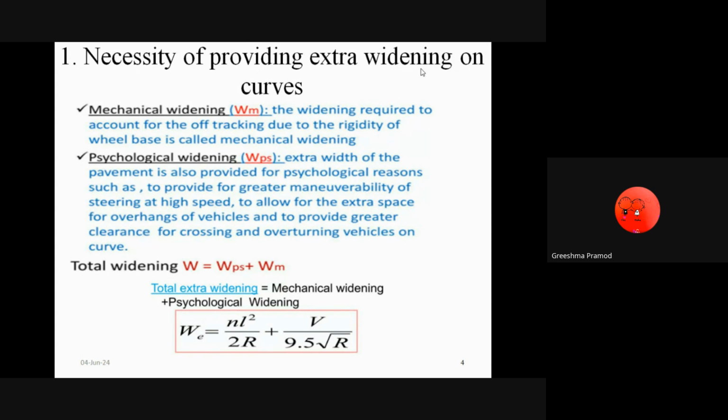When you consider extra widening on curves, you have mechanical widening and also psychological widening. The extra width of the pavement is also provided for psychological reasons, such as to provide greater maneuverability of steering at high speed, to allow for extra space for the overhangs, and to provide greater clearance for crossing and overtaking vehicles on the curve.